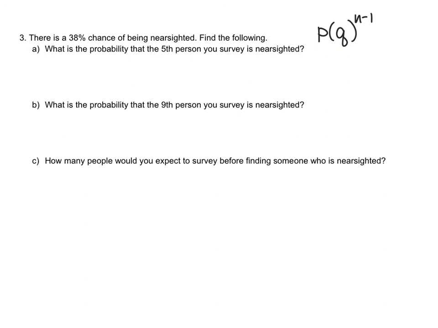So what is the probability that the 5th person you survey is nearsighted? Probability of success is 0.38, which means the probability of failure is 0.62, and then n is 5 minus 1. So we're doing 0.38 times 0.62 to the 4th power, which is 0.056.